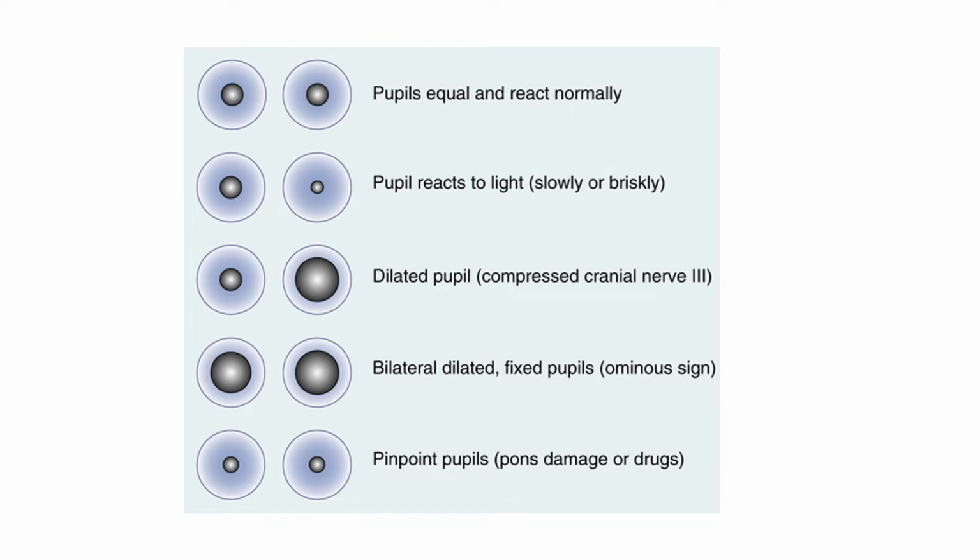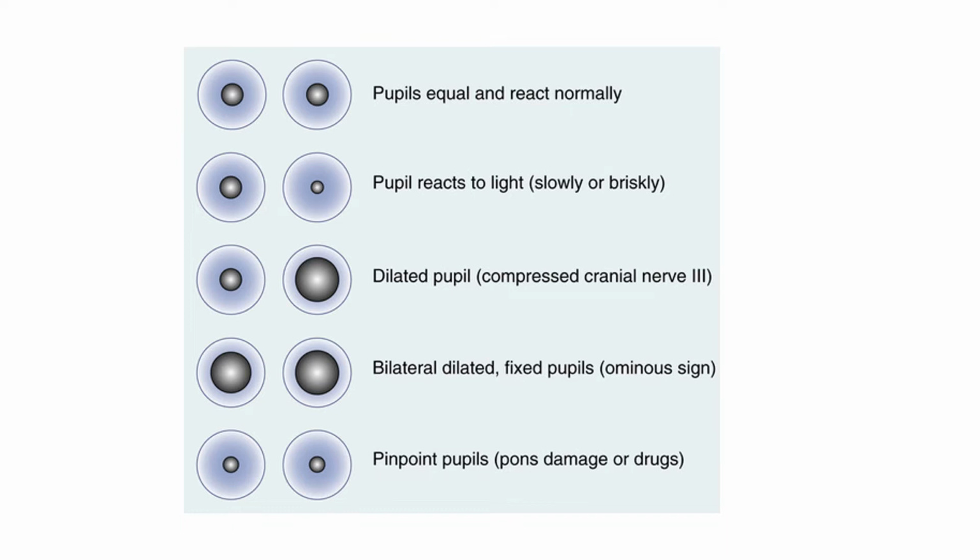So the top eyeballs here, it's showing pupils are equal and they react normally, okay? When we do take our pen light and we have the dimly lit room, when we shine our pen light over the pupil, our pupil is supposed to constrict. And then when we take that light away, we're supposed to see a quick dilation again, okay?